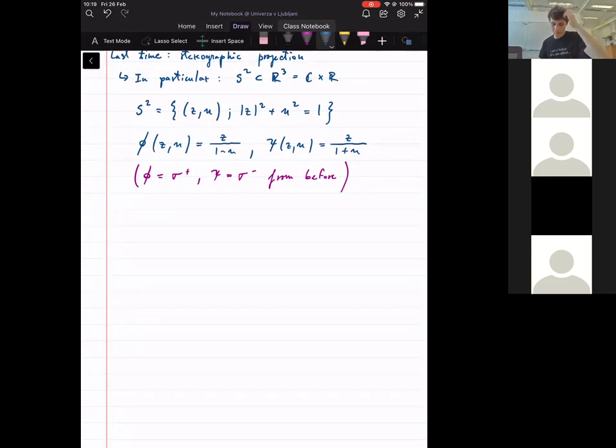Now, before we try to compute any kind of transition maps between these two local charts on the two-sphere, we observe the following.